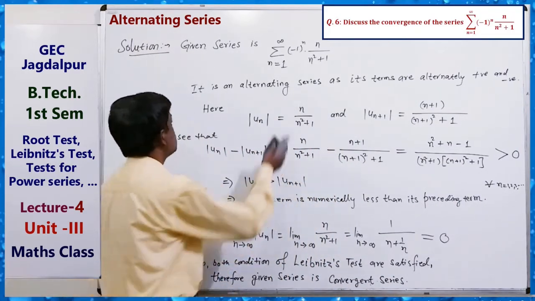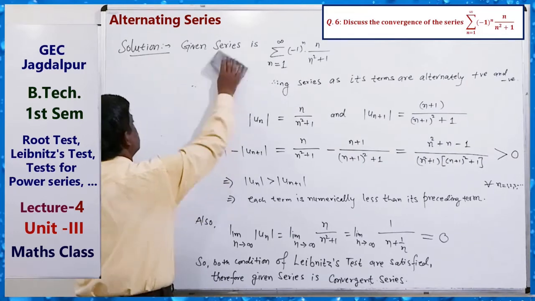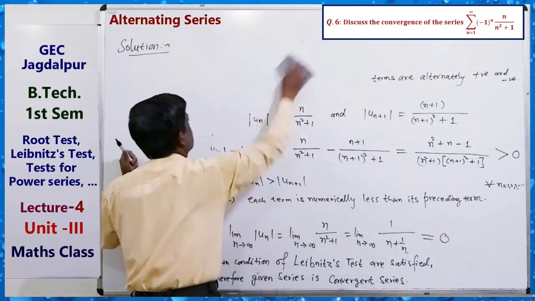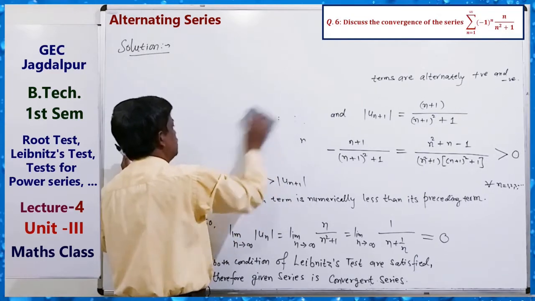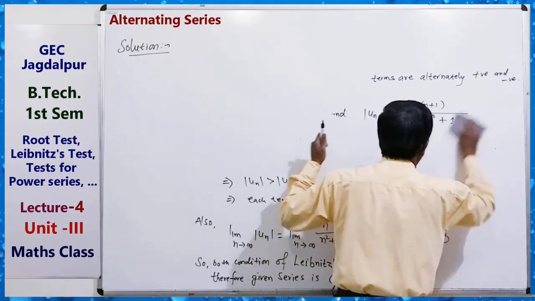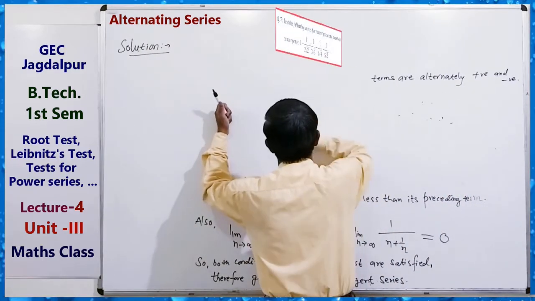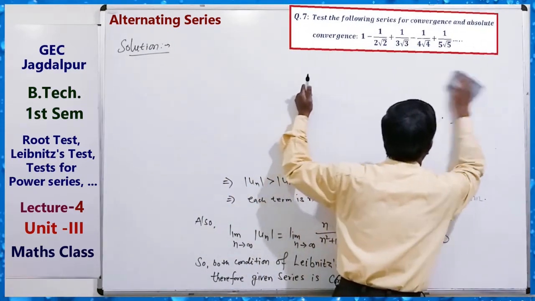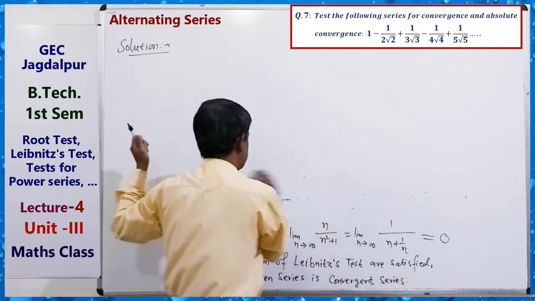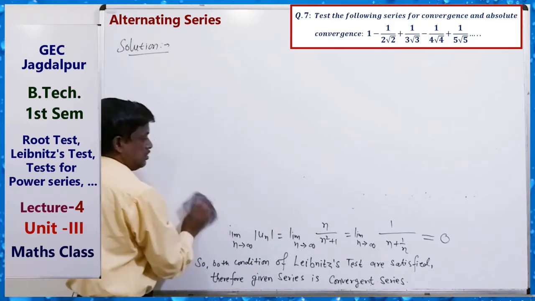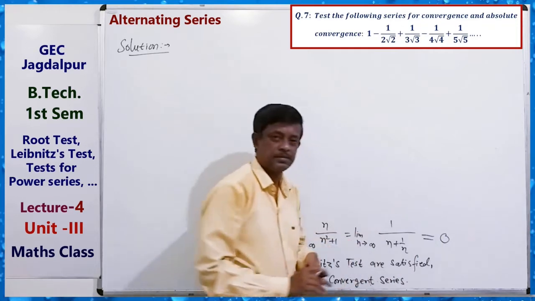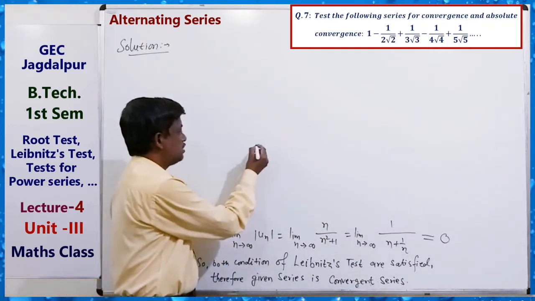Here one thing is very important for understanding: since an absolutely convergent series is convergent, for testing whether the given series is convergent or not, we can test for absolute convergence. If absolutely convergent, then the series will be convergent. Absolute convergence means what?